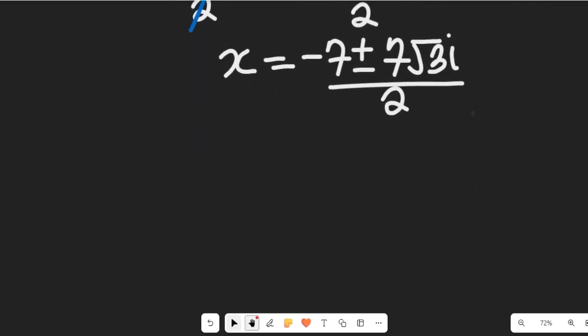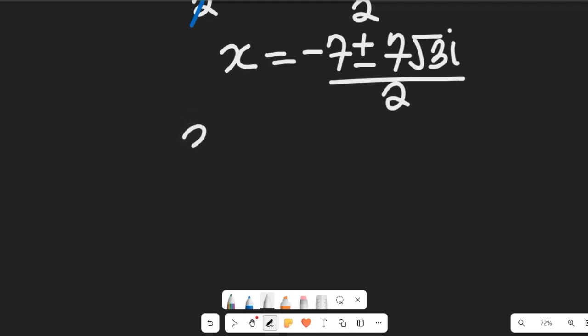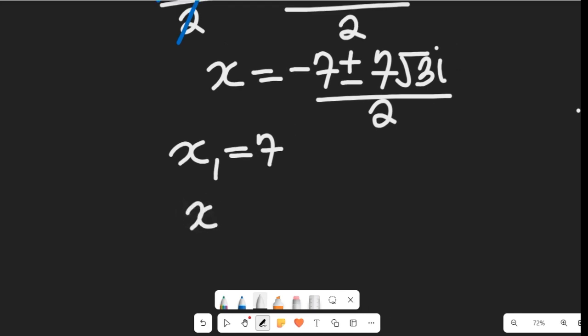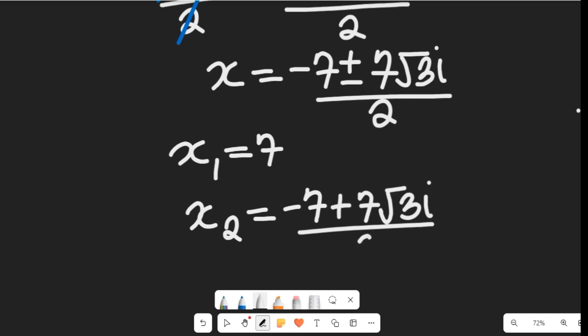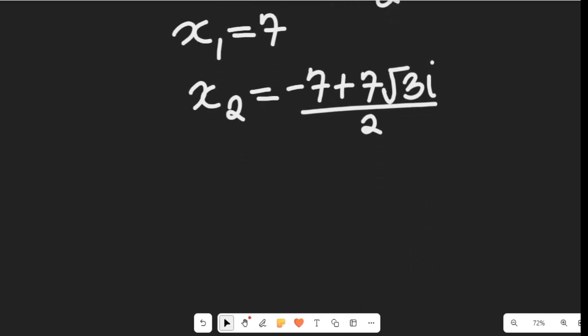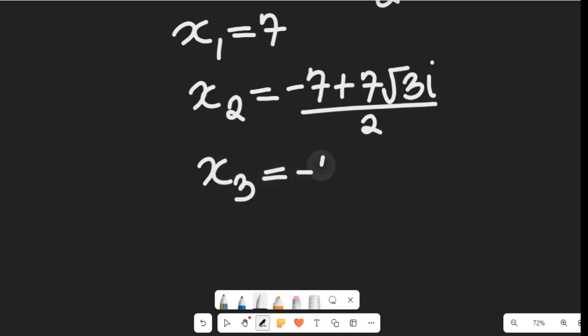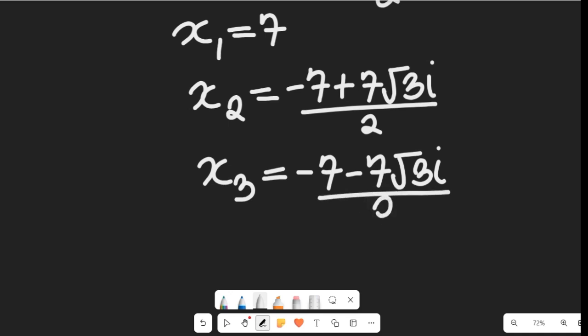So we have the value of x1 equal to 7. x2 will be equal to negative 7 plus 7 multiplied by the square root of 3 j, divided by 2, and then x3 will be equal to negative 7 minus 7 multiplied by root 3 j, divided by 2.